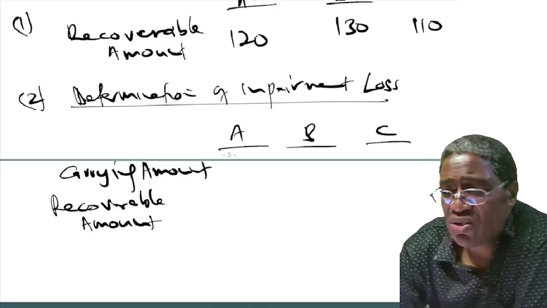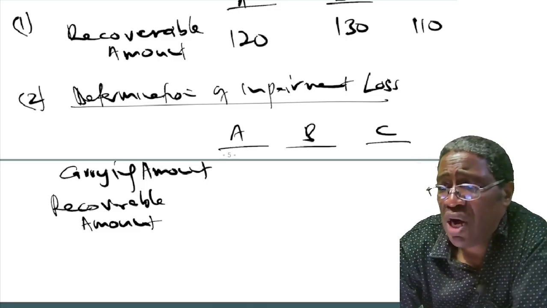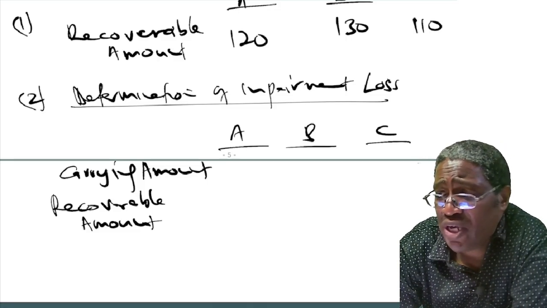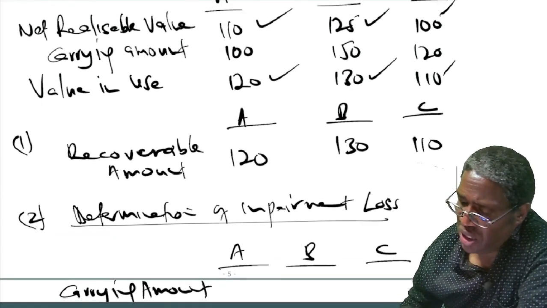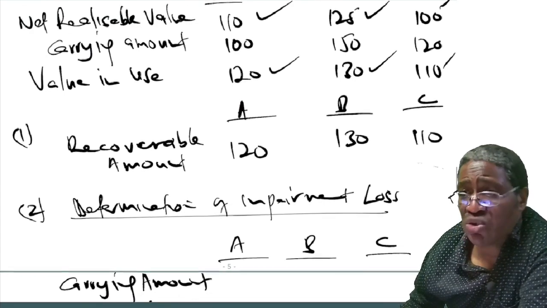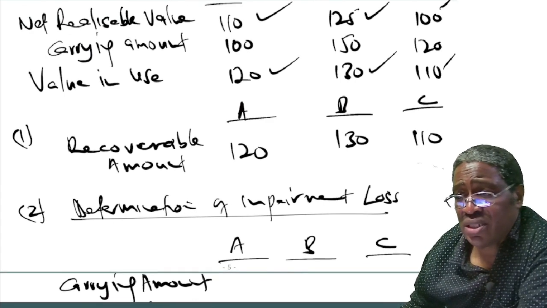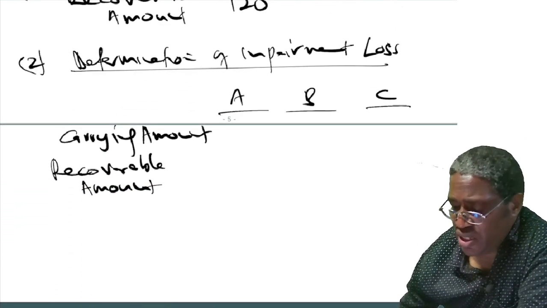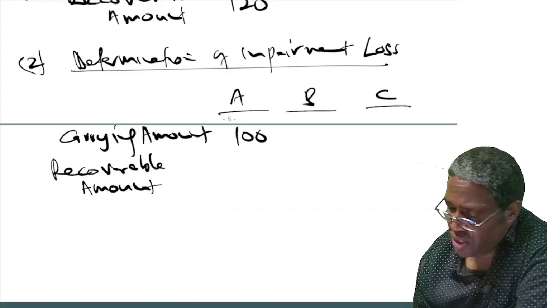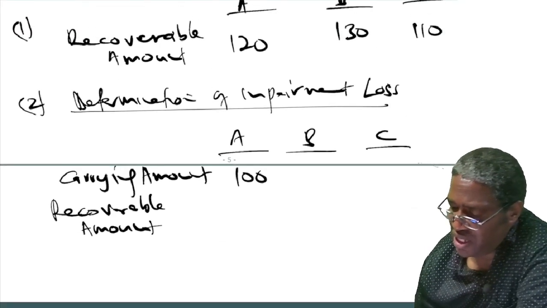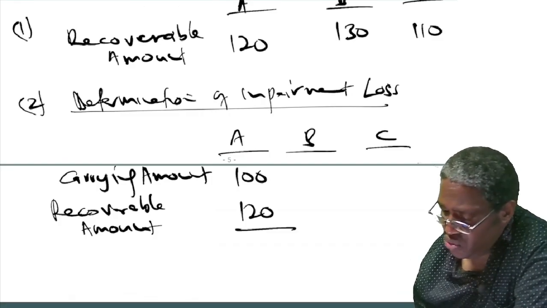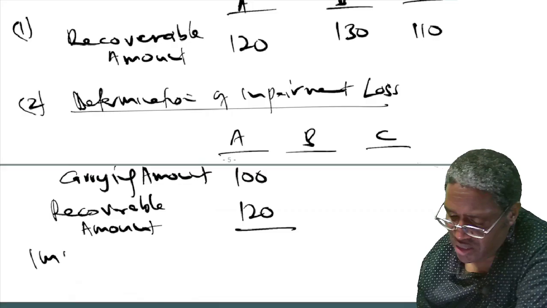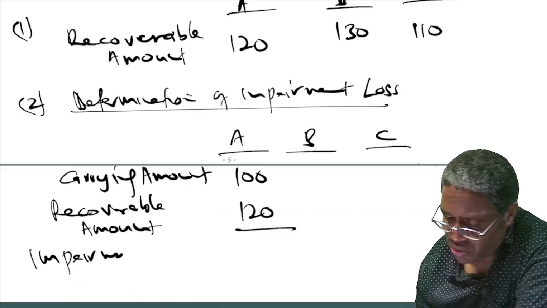So let's go back to asset A. How much was the carrying amount? We pick it from the question. And I can see asset A had a carrying amount of 100 up there. We have just identified the recoverable amount as 120. So we need to know whether it has suffered any impairment loss.